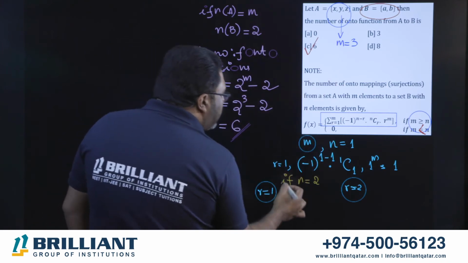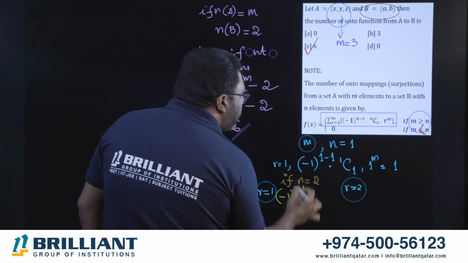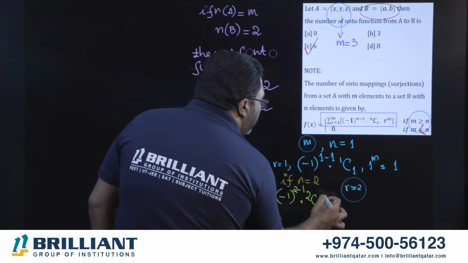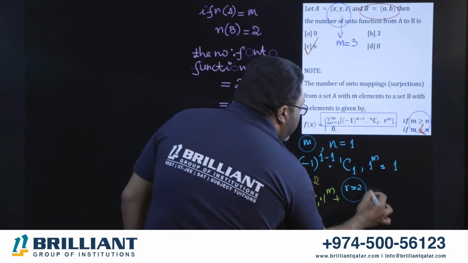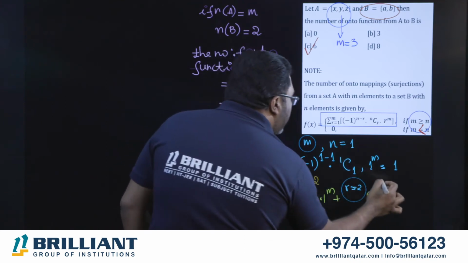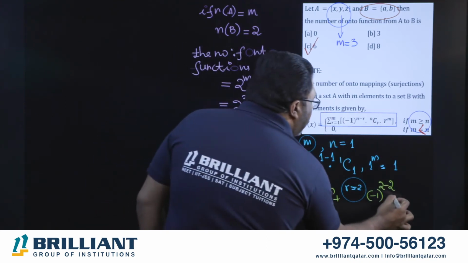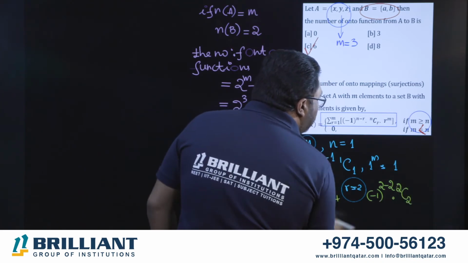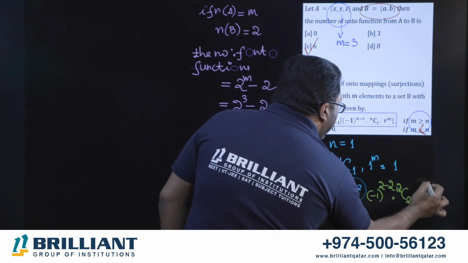Substitute: minus 1 raised to 2 minus 1 into 2C1 into 1 raised to m, plus minus 1 raised to 2 minus 2 into 2C2 into 2 raised to m.